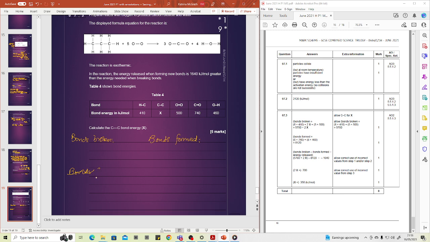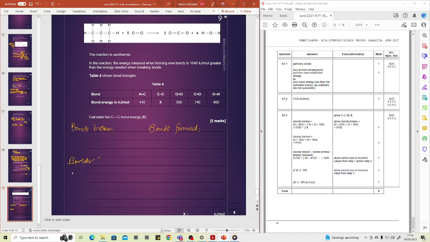And then lower down, we're going to write the formula: delta H equals the sum of the bonds broken take away the sum of the bonds formed. Then we substitute in the numbers and find out what X is.